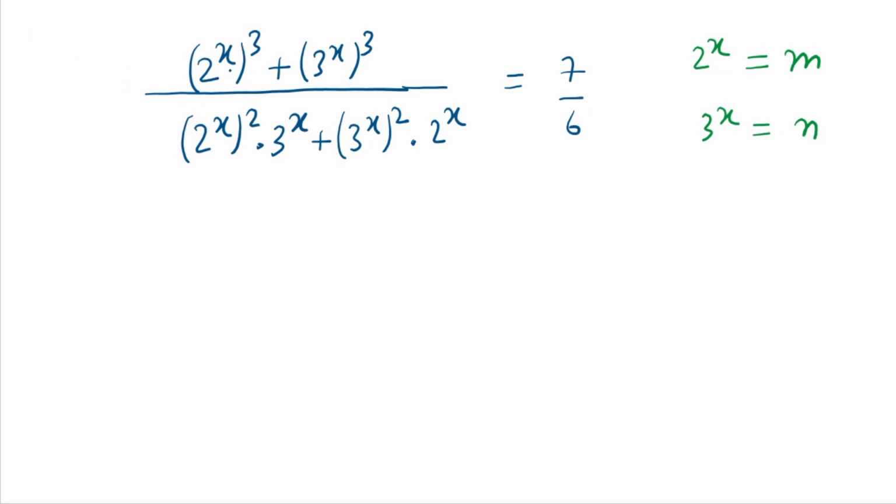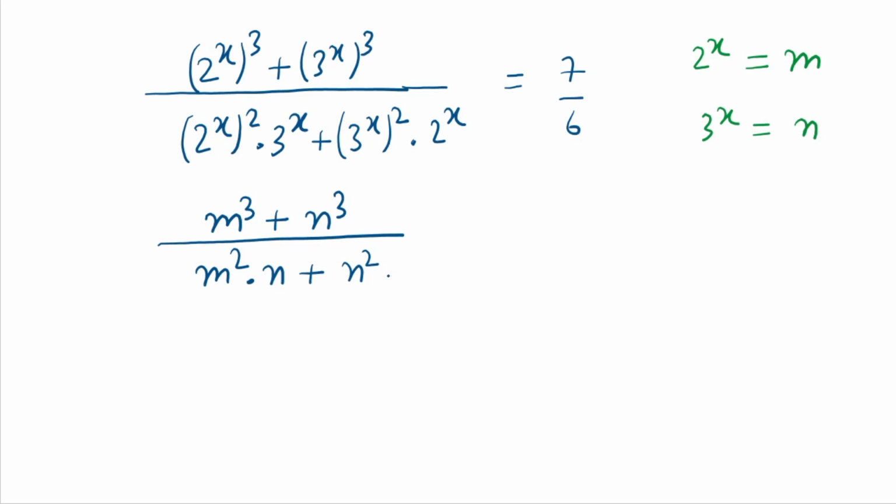Then in the numerator we get m^3 plus n^3, and divided by m^2 times n plus n^2 times m, which equals 7/6.